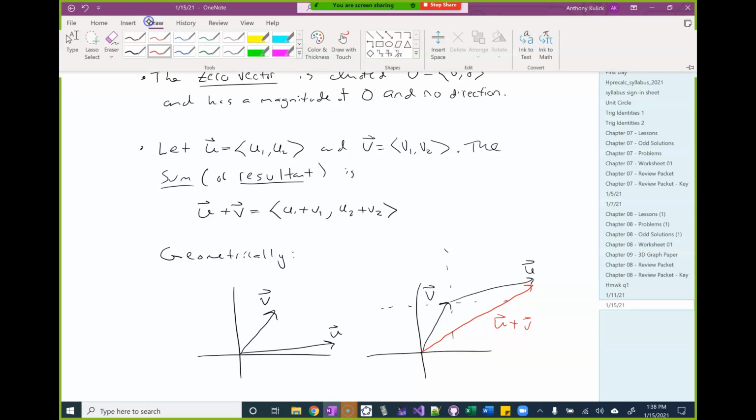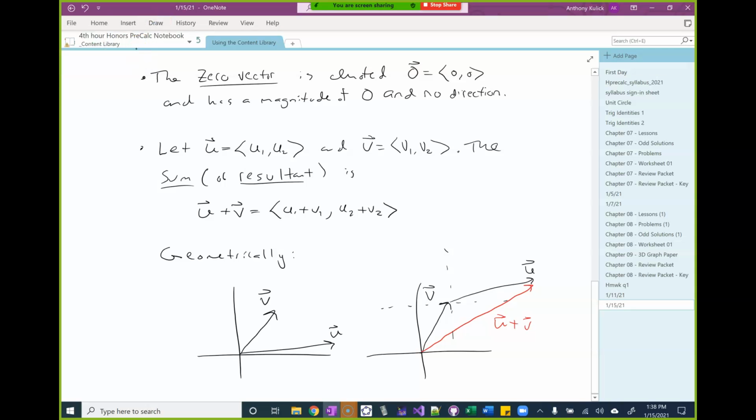To just give you a little bit of additional geometric interpretation of what it is that we're doing here. That's called the head to tail, or tail to head representation. So again, that's just geometrically what addition is saying. Okay with that?